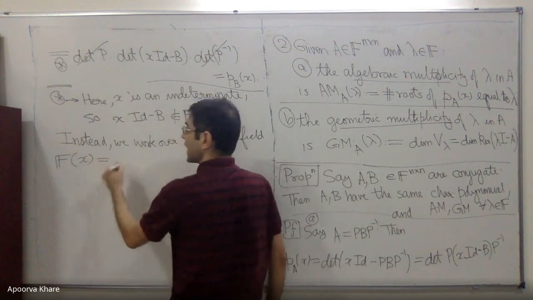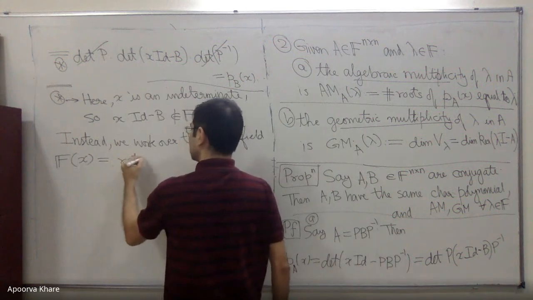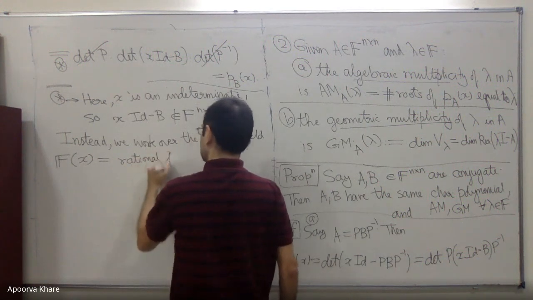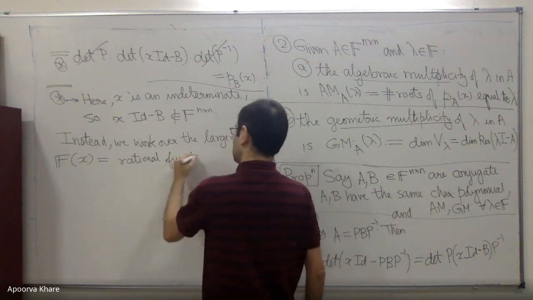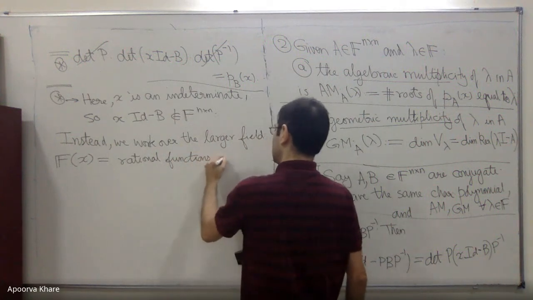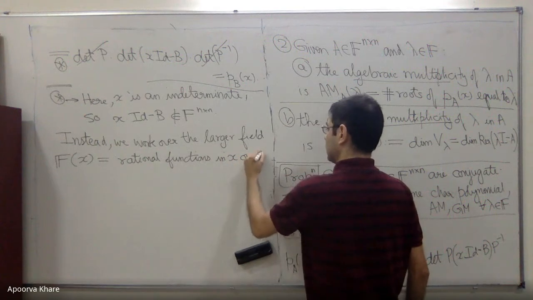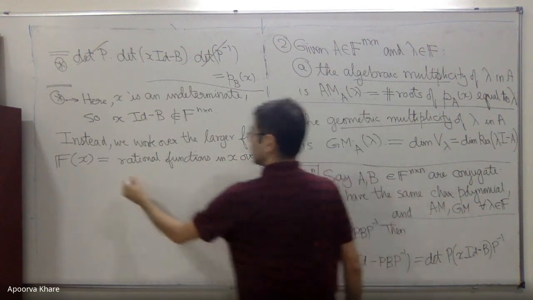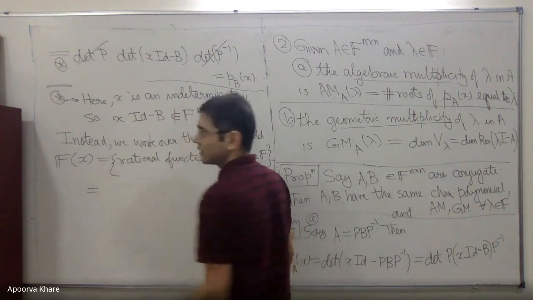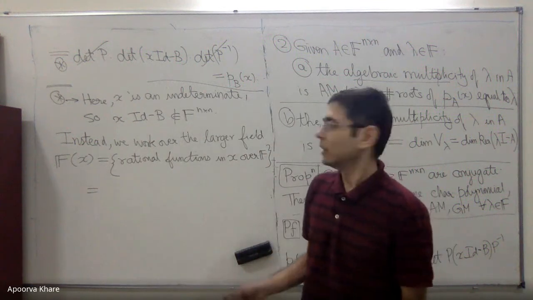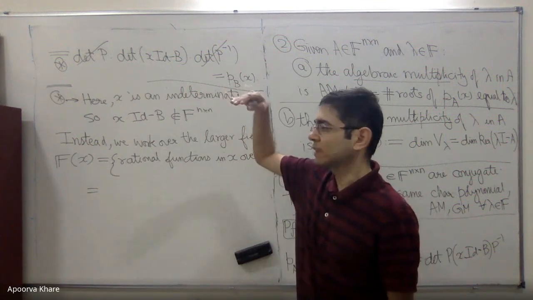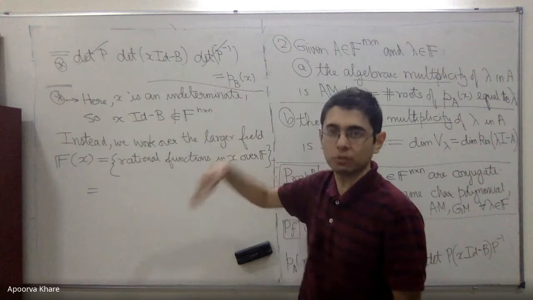This is the field of rational functions in x in one variable, F(x). And what is a rational function? It's just like rational numbers. Instead of saying integer over integer, you say polynomial over polynomial.